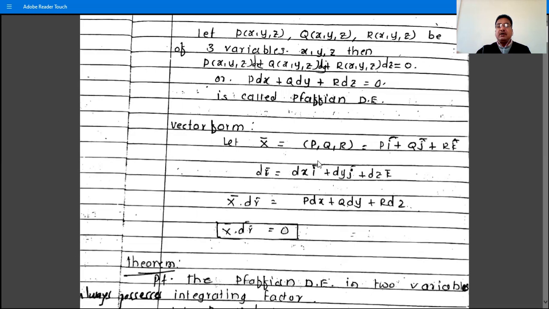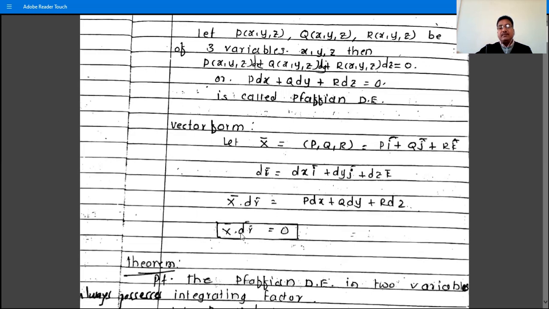That is the dot product of two vectors: the multiplication of coefficients of i, plus of j, plus of k. So X bar dot dr bar is P dx plus Q dy plus R dz. And X bar dot dr bar equal to 0 means P dx plus Q dy plus R dz is equal to 0.